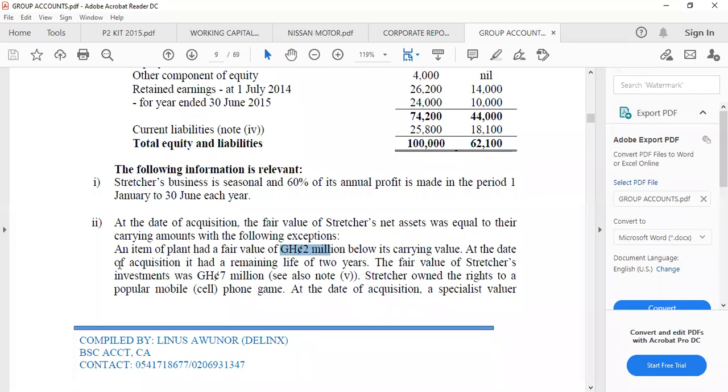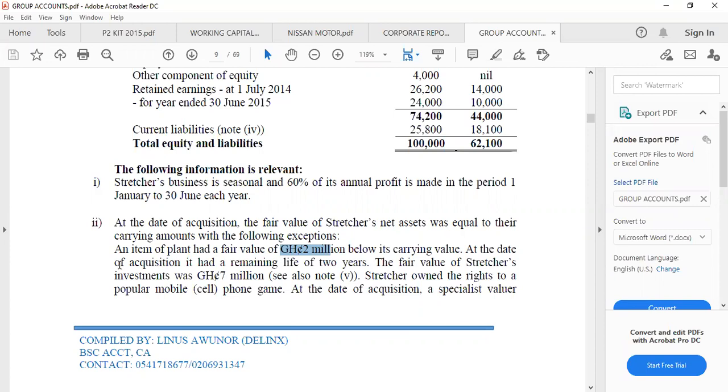What I'm going to tell you is that if the fair value has increased also, it is going to bring additional depreciation. If the fair value has increased by 2 million, it means that they didn't charge the depreciation on the 2 million because they are not aware of the 2 million. So just charge the depreciation that you should have charged if the 2 million exists, then subtract it from your net asset as reported. If there's a reduction, it means that they have charged the depreciation on the 2 million because they are not aware of the 2 million reduction.